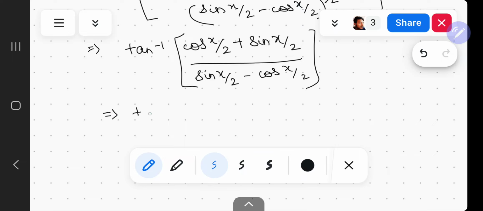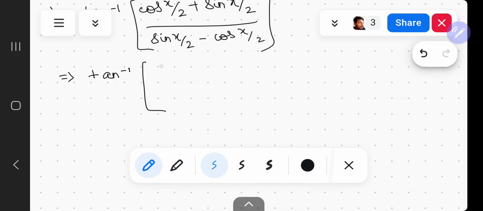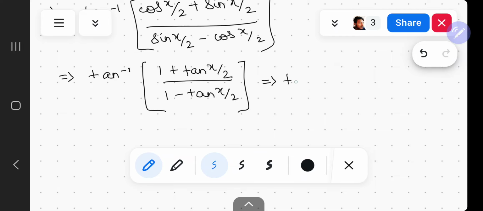Now I will divide the numerator and denominator by cos x over 2. So in the numerator we'll be having 1 plus tan x by 2 over 1 minus tan x by 2 in the denominator. So this value is equal to tan inverse pi by 4 plus x over 2.